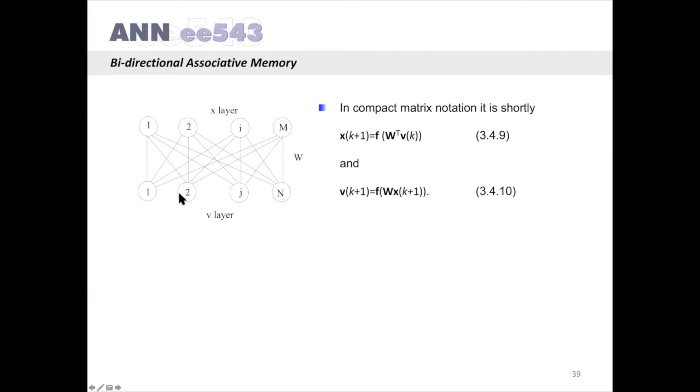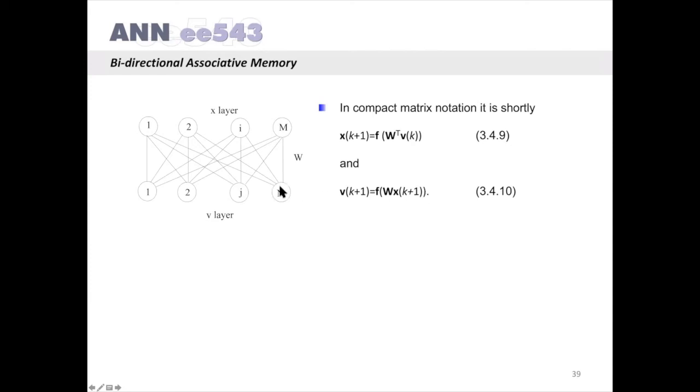And for the neurons here, the output vector V at time k plus 1 is calculated as the f function applied on W multiplied by the X vector here, which was just calculated at this step. This is at time k plus 1.